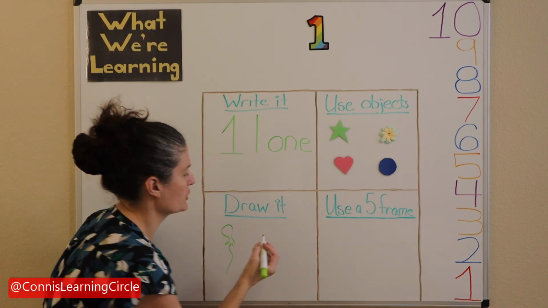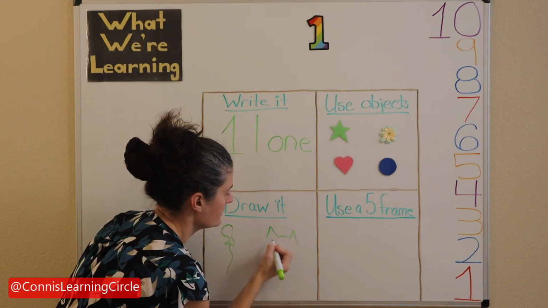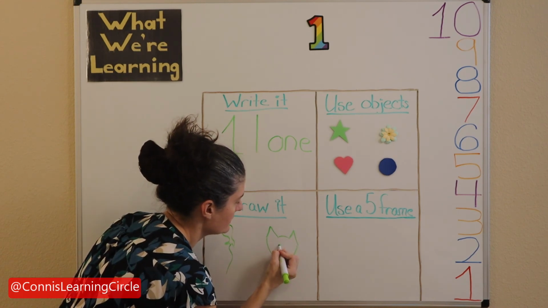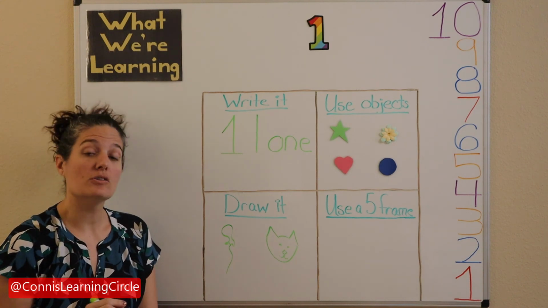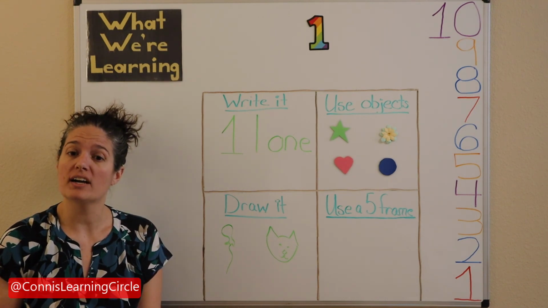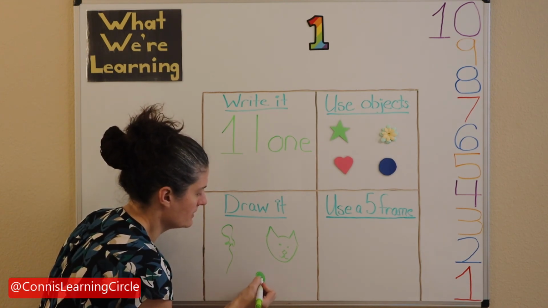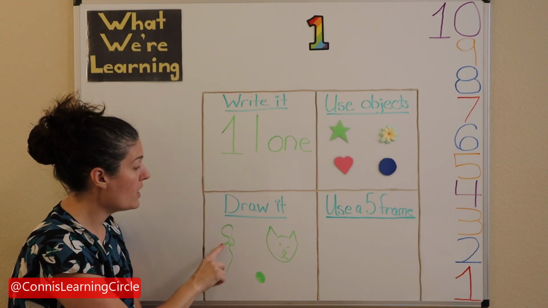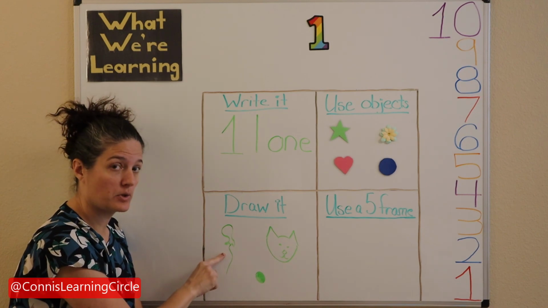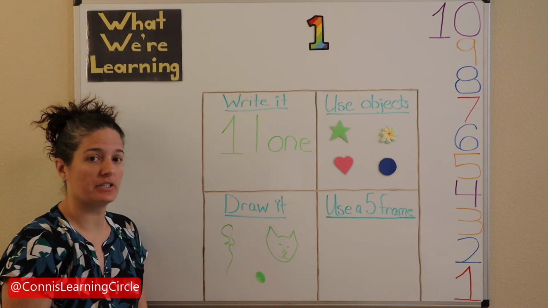We'll draw one cat too. And you can also just draw a little dot. One. There are only one of these things. One balloon that we drew, one cat that we drew, and one dot that we drew.